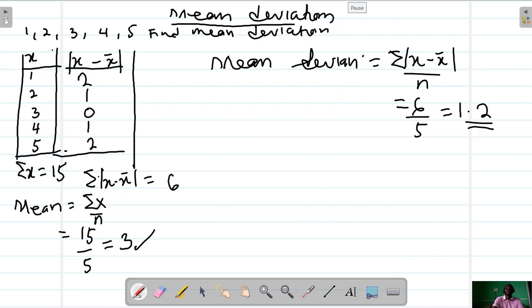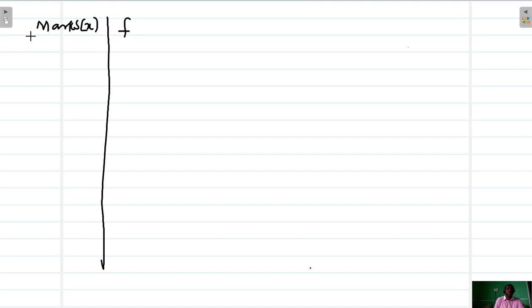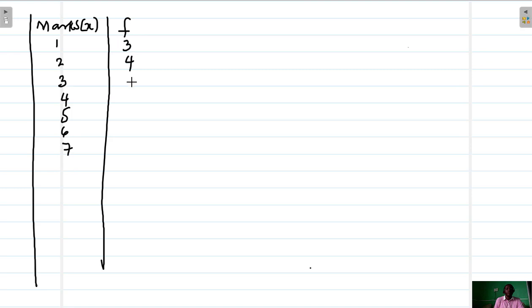Let's look at the frequency table of mean deviation. So suppose we have marks, which is x, then frequency. The question has given us these marks 1, 2, 3, 4, 5, 6, 7, then it has given us frequencies of 3, 4, 6, 8, 1, 2, 3.